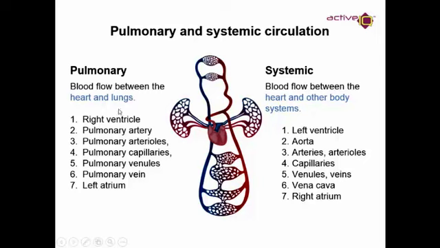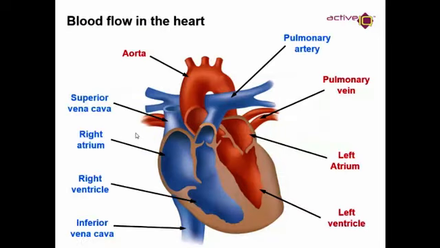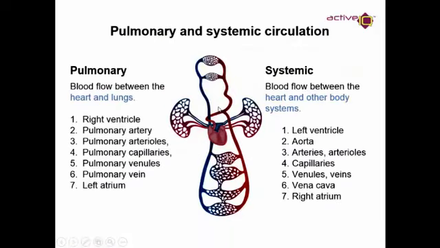From the right ventricle, we'll go through the pulmonary artery, okay? And then if we went back, just to show you that again. So from the right ventricle, here, we're going out through the pulmonary artery. Then, from the pulmonary artery, we go to something called the pulmonary arterioles, and then the pulmonary capillaries.